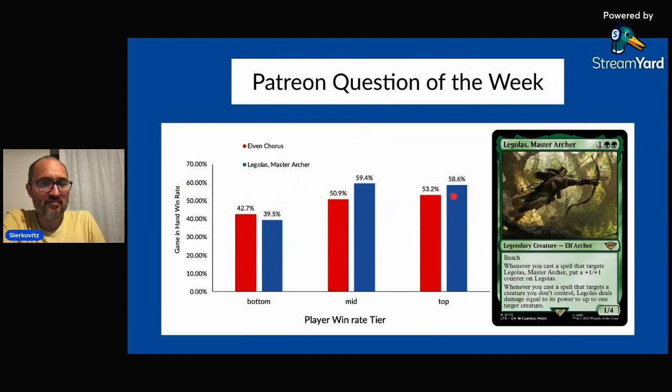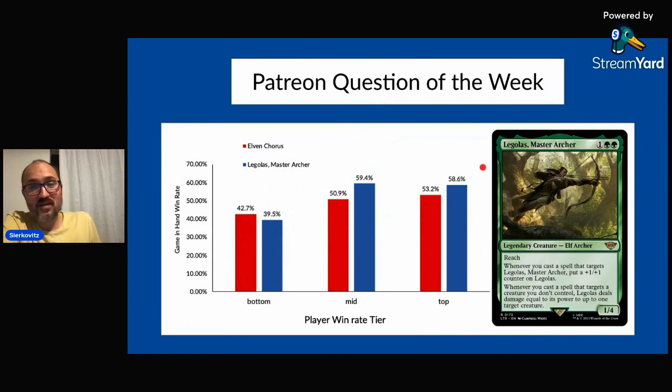But you go to the mid tier and the top tier, and all of a sudden, in the bottom tier, Legolas has 39.5% win rate and 42.7% for Elven Chorus. When you go to the mid tier, Elven Chorus has 51%, and Legolas has 59.4% win rate. So huge difference in favor of Legolas. And in top tier players, 53.2% for Elven Chorus and 58.6% for Legolas.